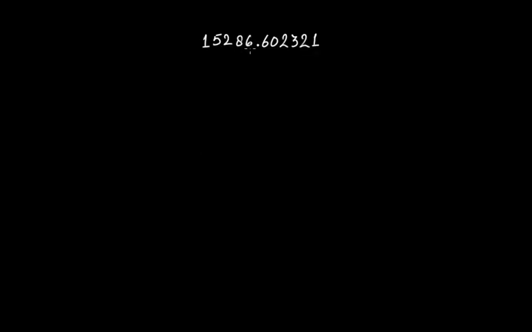Now we have a large number, and let's do this. We don't know whether it is a square number or not. Let's try to find out whether it's a square number or not, and if it is a square number, then what is the square root of this number?